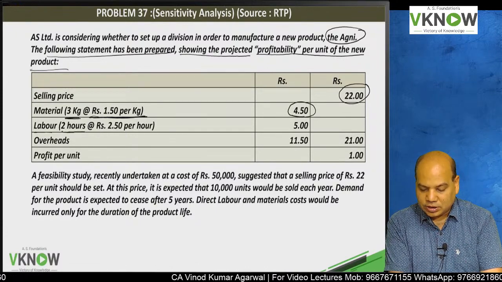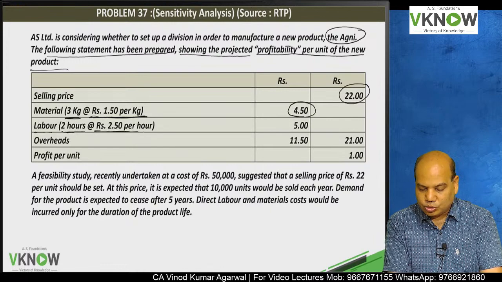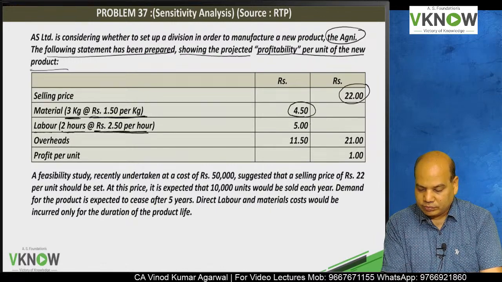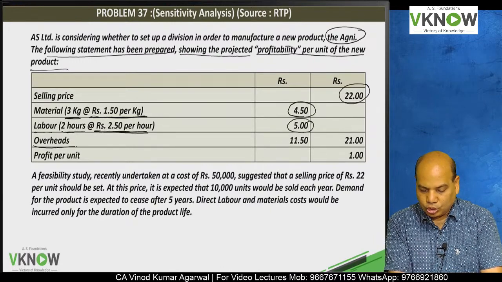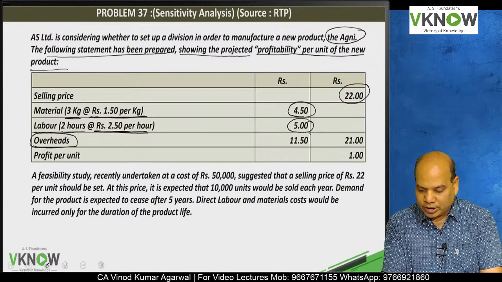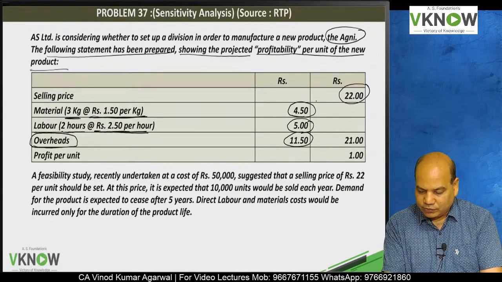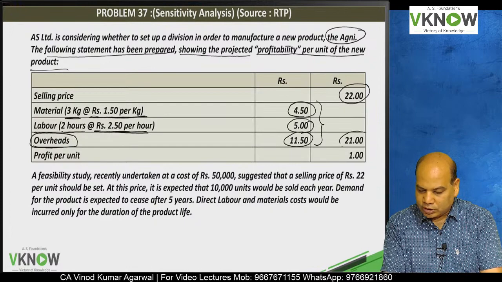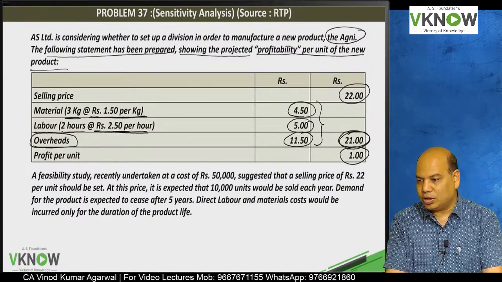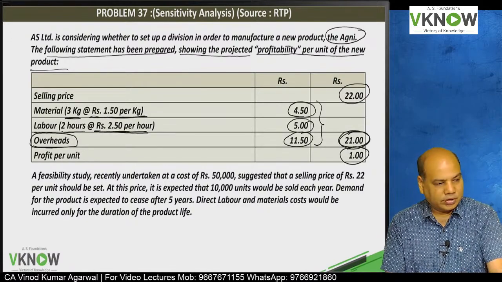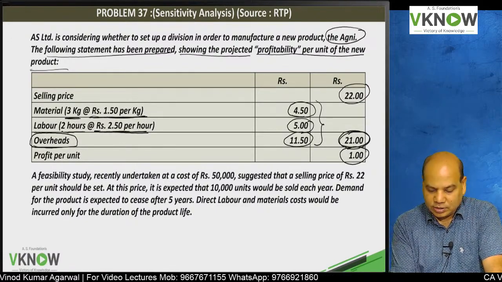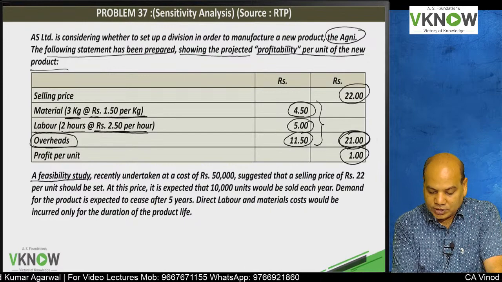Labor 2 hours required at rupees 2.50 per hour is 5, and all overheads put together is 11.50. Total of the cost is 21 and therefore profit per unit is 1 rupee. This is what they have done. Is it understandable? A feasibility study.